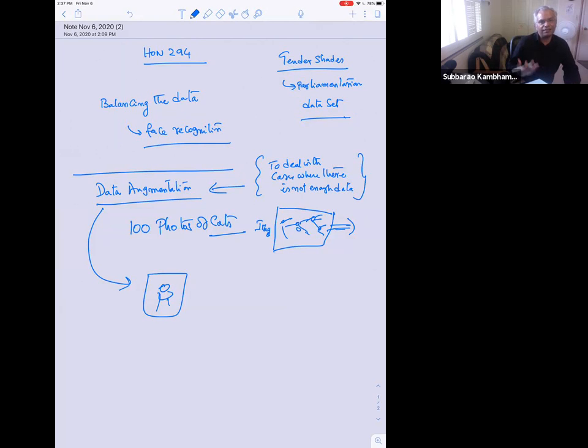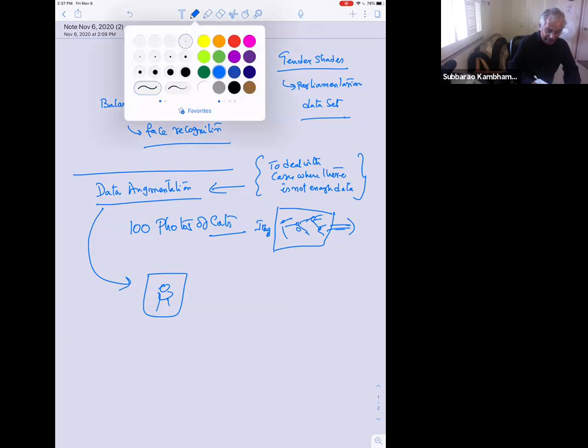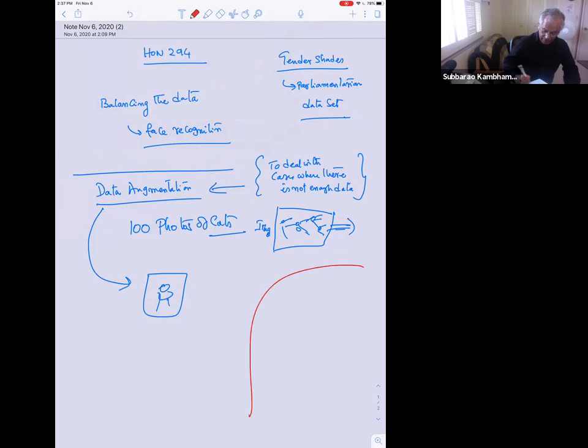Cats obviously are not a big problem. Now, a place where this is actually important is using X-rays to detect particular kinds of rare diseases.